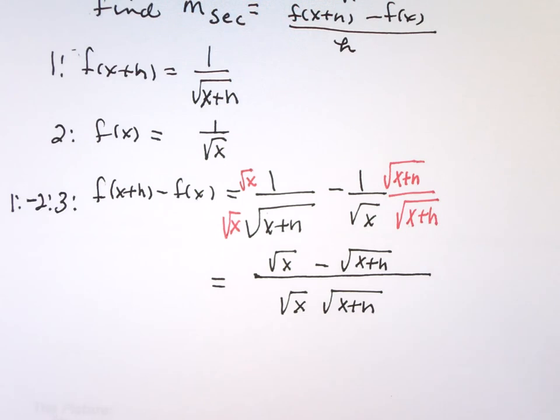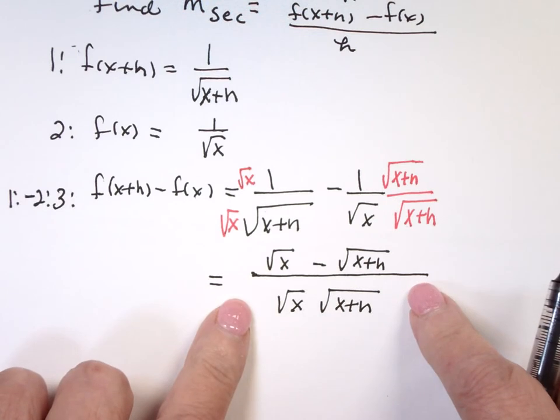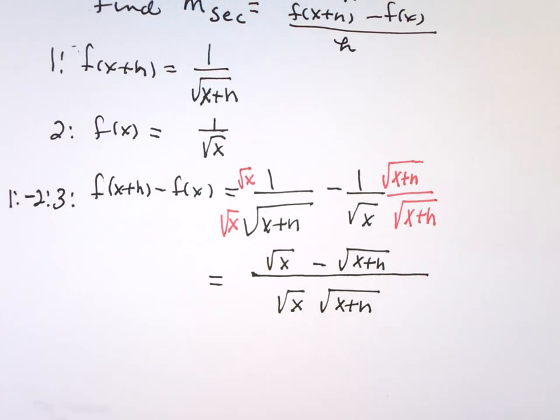Now, one of the things I'm going to have to do is get this so there's an h by himself. How can I do that? That's a trick I can use. Begins with an R. Rationalize. Well, rationalizing the denominator's not going to help.